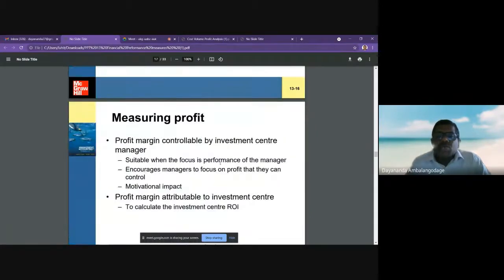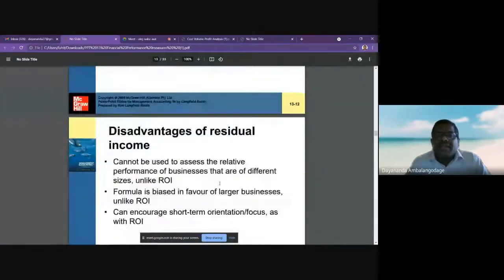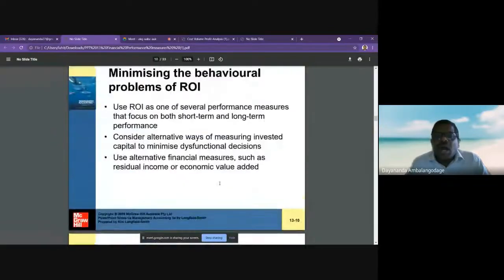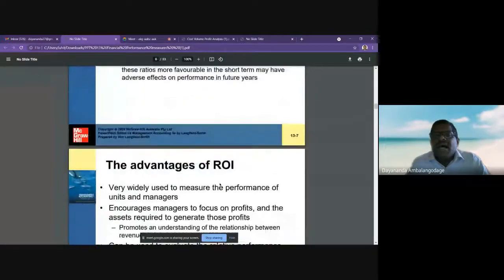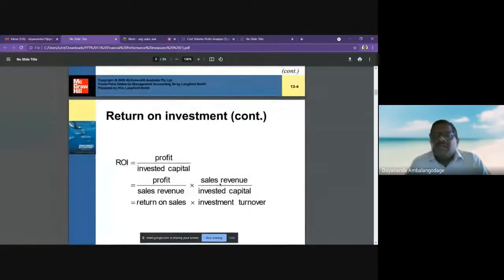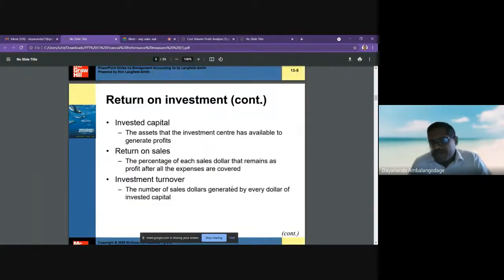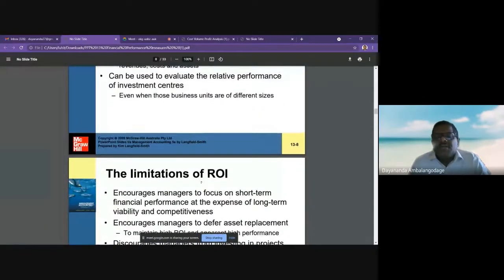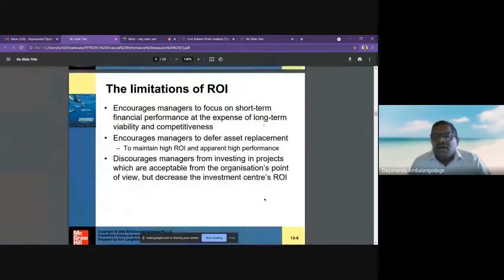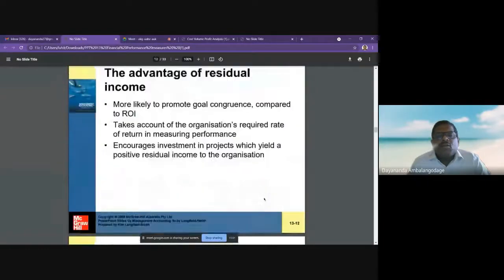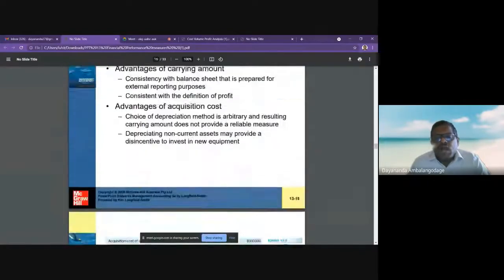Now we have discussed how to measure the invested capital. That was our target, as we learned from that table. Now we are going to discuss how to measure the profit.